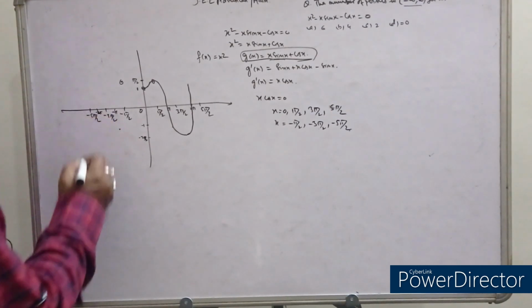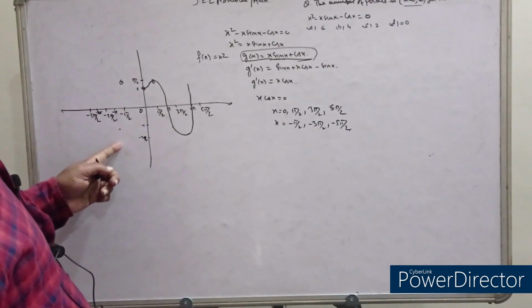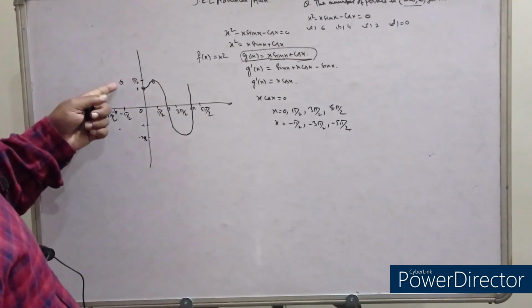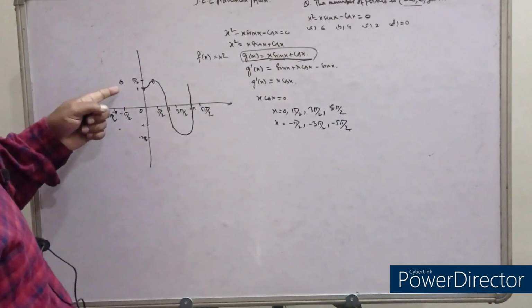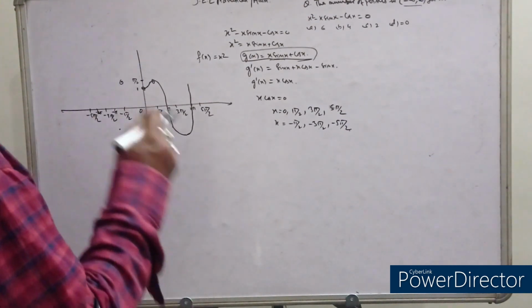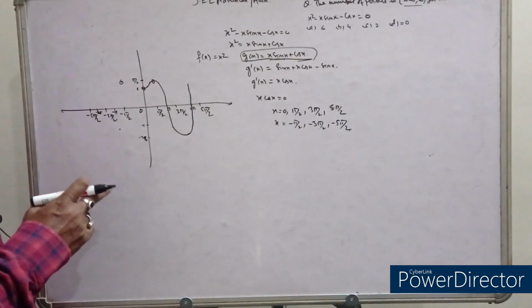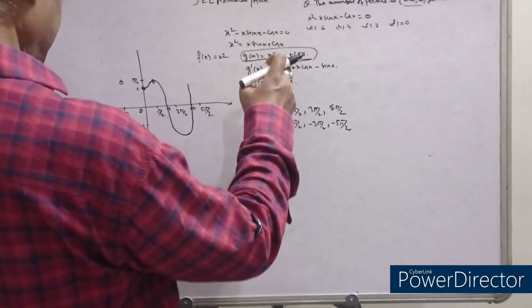So here you see what happens if you take minus pi by 2, it is here somewhere like this, and for minus pi it will be minus 1.